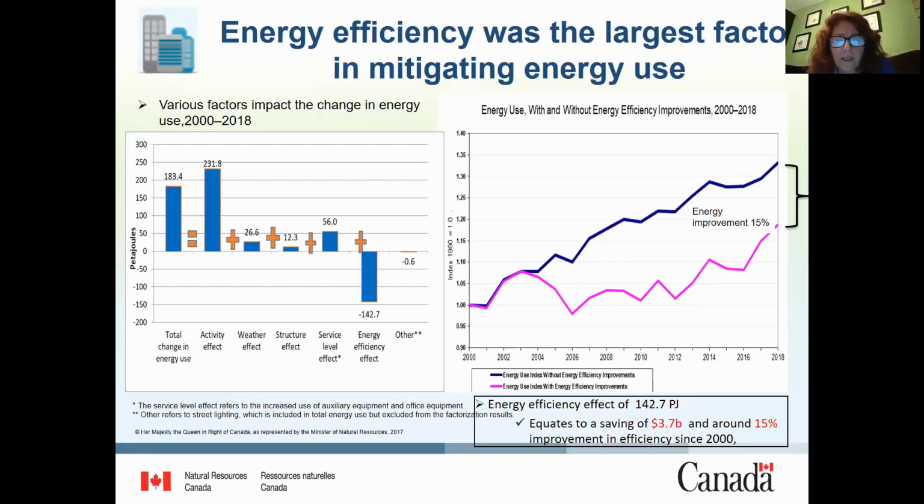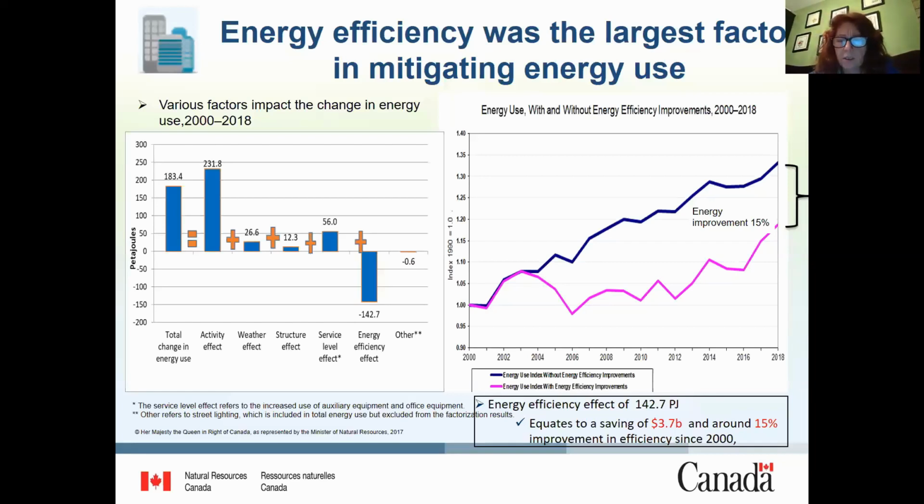Also, we take into consideration the weather effect. With global warming, it changes, so we adjust the numbers, as well as the structure effect. In this sector, we notice a relative shift to more energy intensive activities in health services, accommodation services, and to a lesser extent in educational services.